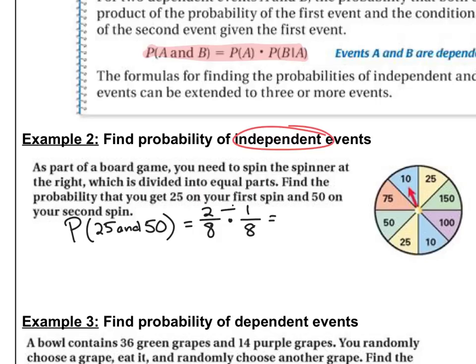Remember to multiply straight across. So we will get 2 over 64, and that will simplify down to 1 over 32. So you have a 1 in 32 chance of spinning a 25 on the first spin, 50 on the second spin.